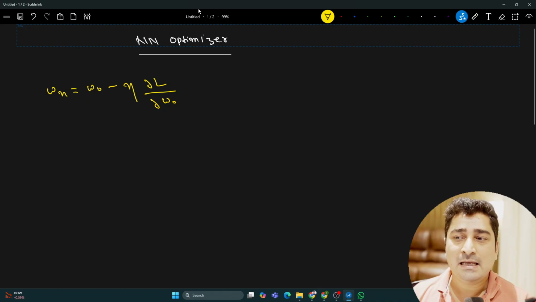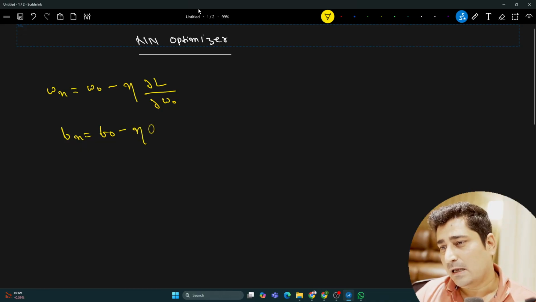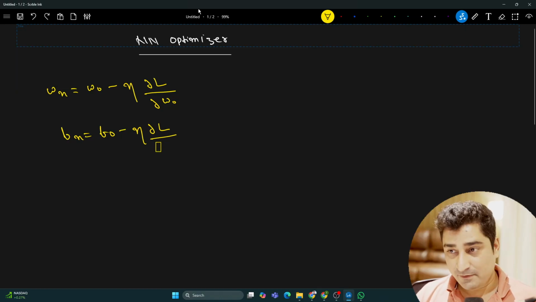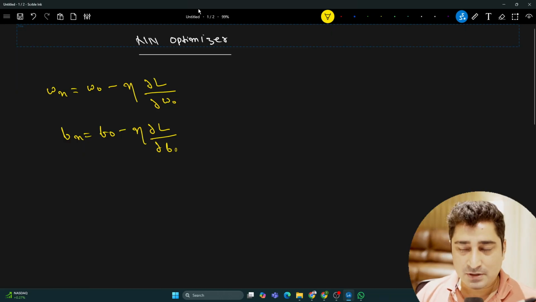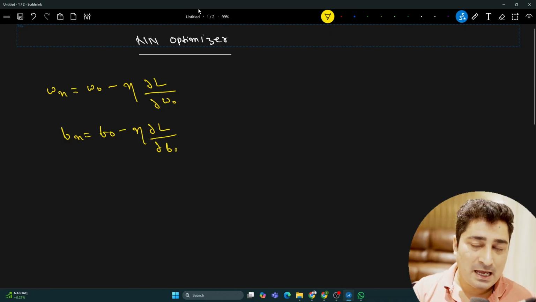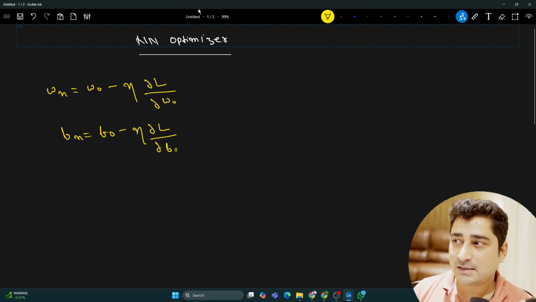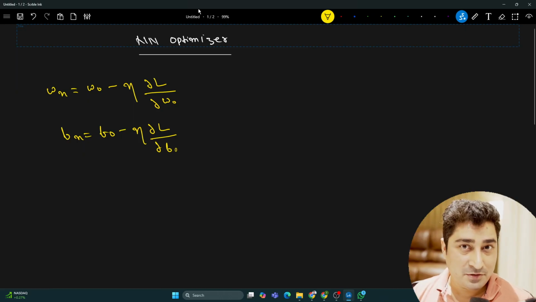And we have seen that this particular equation, whether it's the weight equation or the bias equation, where new bias is going to be old bias minus eta, the partial derivative of the loss with respect to the old bias, was helping me find a new weight and new biases, and eventually, when I'm able to find a new weight and new biases, I'm able to decrease the loss. Simple, right? I was able to decrease the loss.